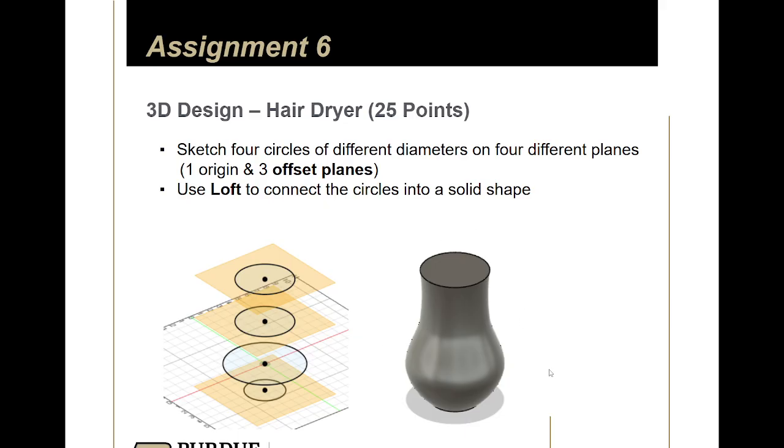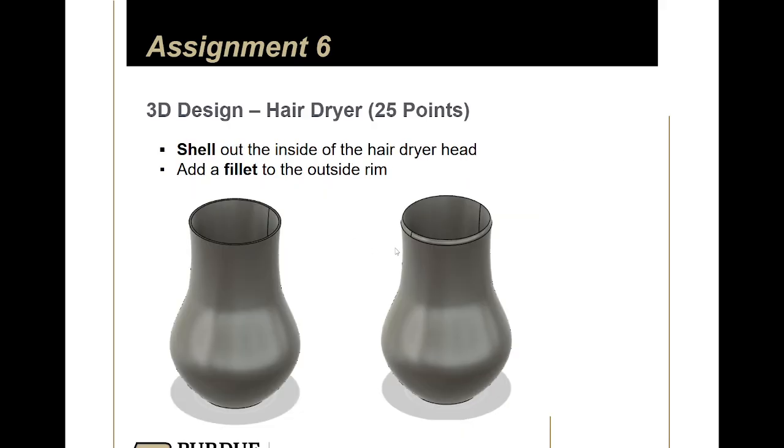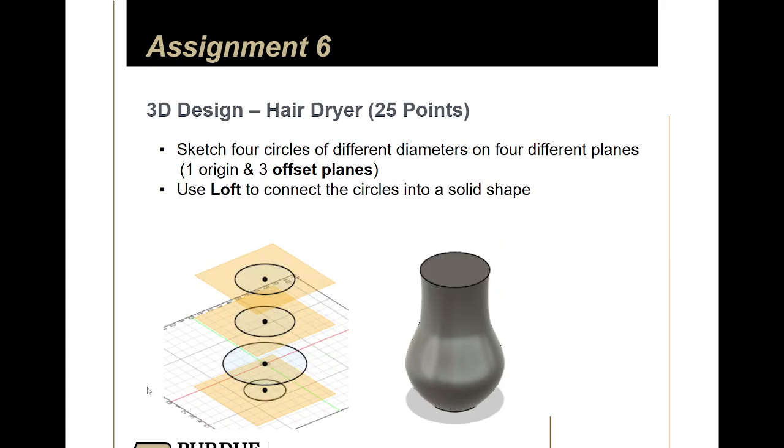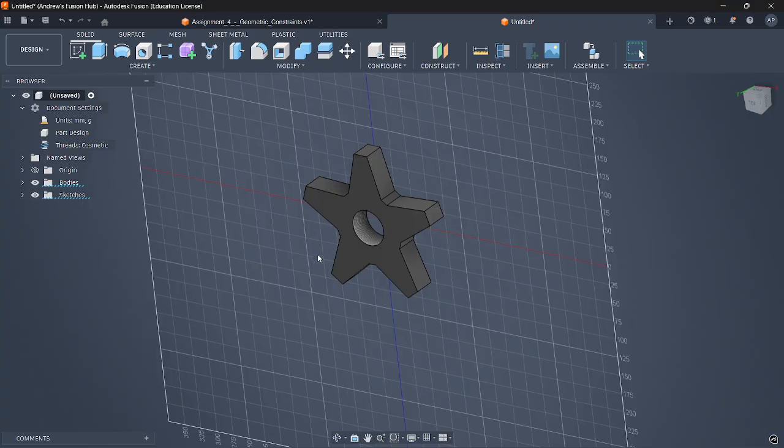You can draw this 2D profile of this hair dryer and then revolve it around the center axis, and it would create the same effect, right? But in this case, we're going to teach you a different tool, which is called a loft. And it's pretty cool because you can create very simple sketches and then create a very nice, smooth, complex shape. It makes things look nice and pretty.